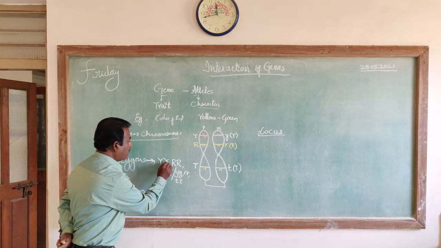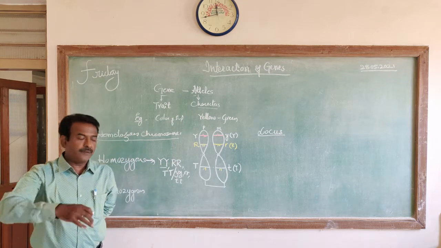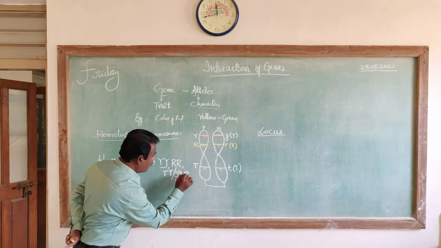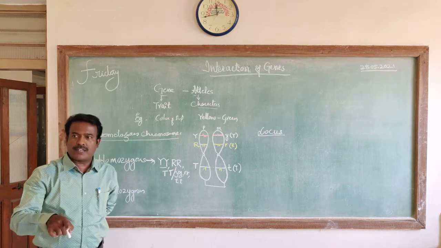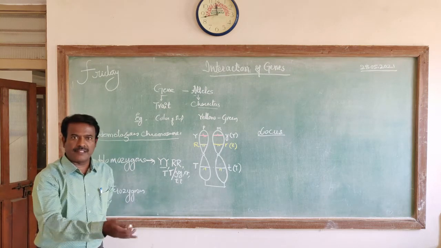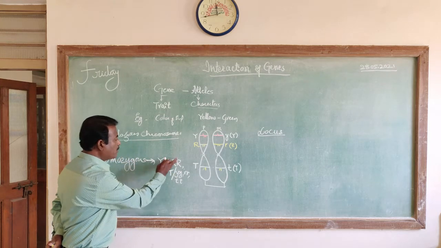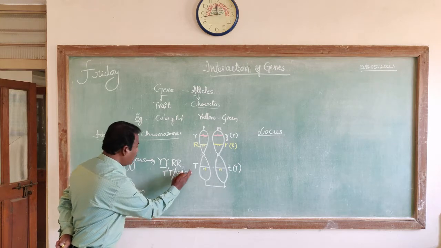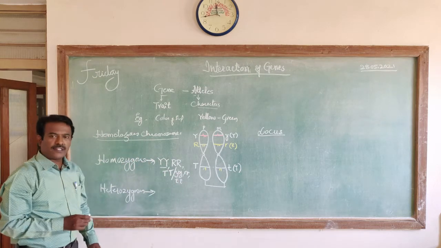Capital Y, capital R and capital T are homozygous dominant alleles, while small y, small r and small t are homozygous to express their recessive character, recessive phenotype. This way, these are the dominant homozygous state or recessive homozygous state. Then what do we call the heterozygous condition?